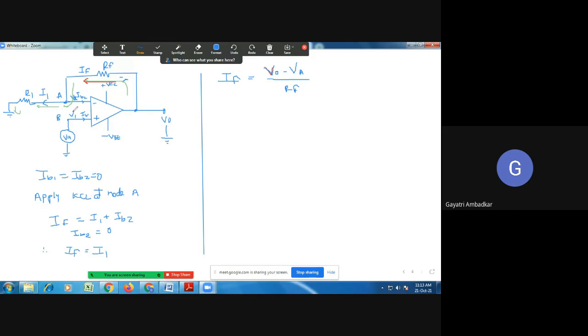Okay. Now, yesterday we learned one concept called virtual short and virtual ground. Do you remember that? See, I told you, I am relating your further op-amp applications with whatever theory we are learning. So in this section, we saw what is a voltage series feedback. Okay, how we are sampling voltage, how we are mixing in series.